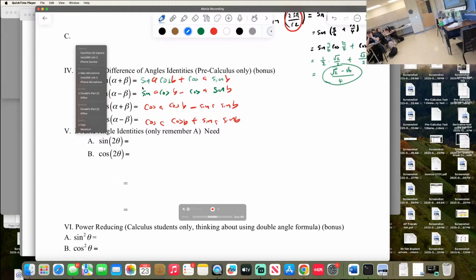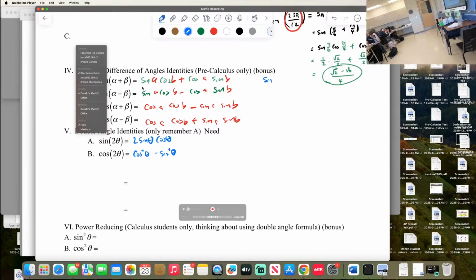Okay, only one person, Julian, has memorized it. For me, the double angle I memorize is always the first one. So I'll memorize this one as 2 sine theta, cosine theta, and this one as cosine squared theta minus sine squared theta, because those are really easy. But if you don't memorize it, just look here.